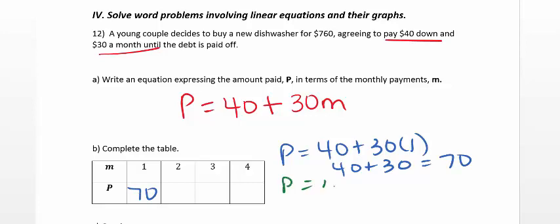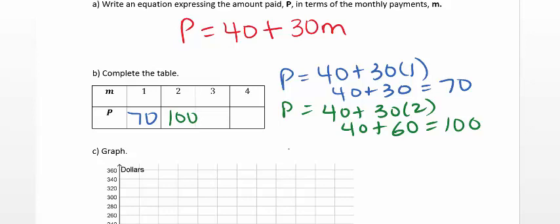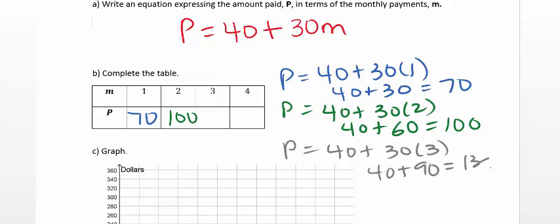For 2 months, we do 40 plus 30 times 2. 30 times 2 is 60, and 40 plus 60 is 100. Now we're going to put in 3, so we have 40 plus 30 times 3. That's 40 plus 90. That's going to be 130. So they've paid off $130 after 3 months.